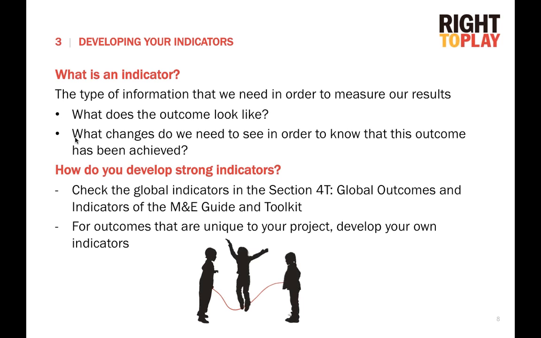But of course, you may end up having activities and outputs and outcomes that look a little bit different than what's in the global guide. In that case, you might need to develop your own indicators based on your own unique program and what's taking place. But either way, you need to understand what a strong indicator is, and that's going to be our focus for the next little while.